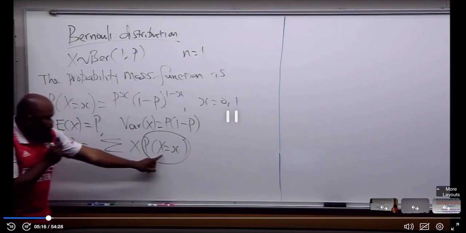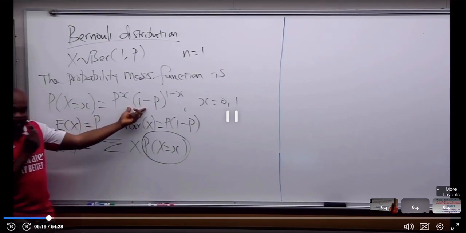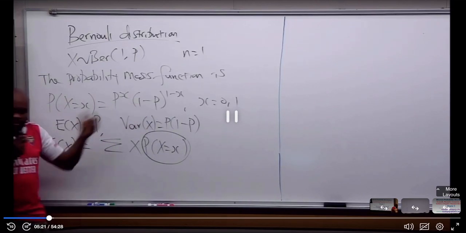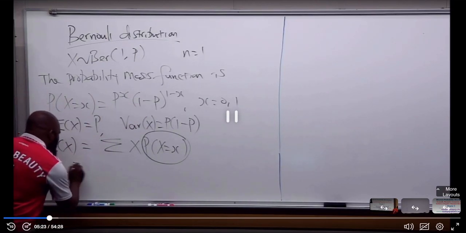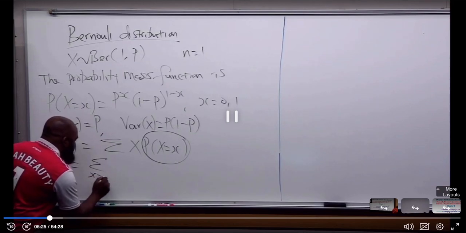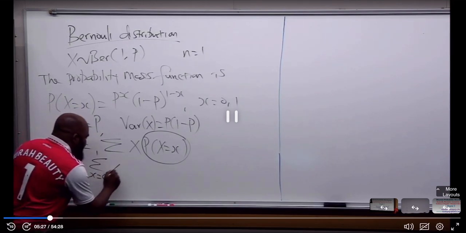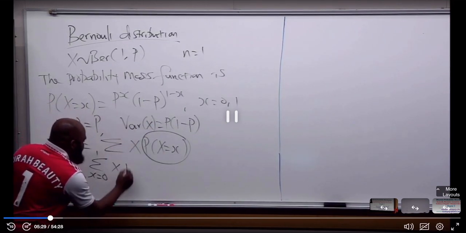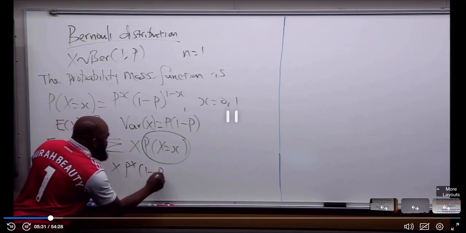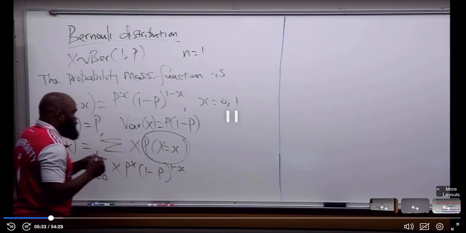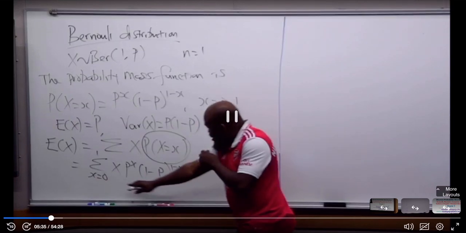Now, I'm going to use the probability mass function of the Bernoulli distribution. So right now, I'm going to do the sum with x starting from 0 to 1 of x times p raised to power x, 1 minus p raised to power 1 minus x.